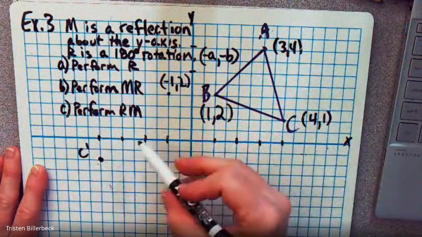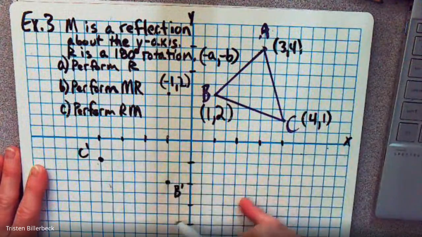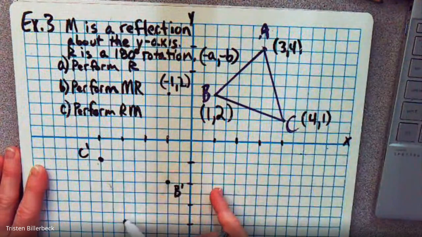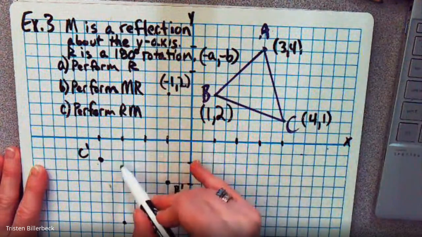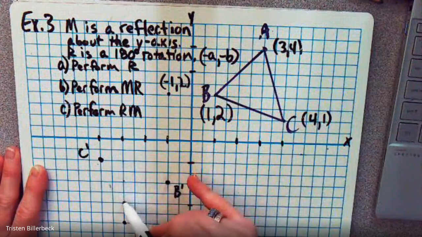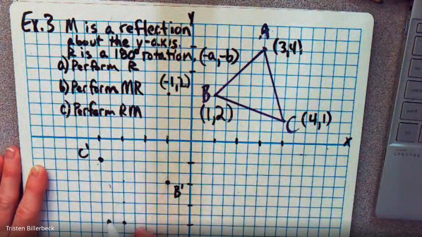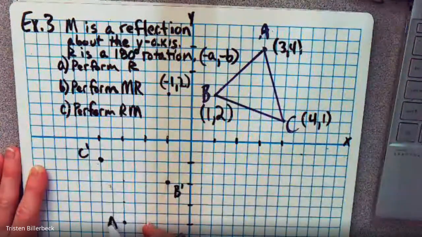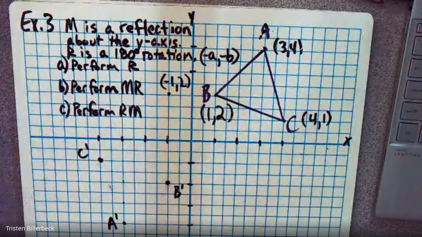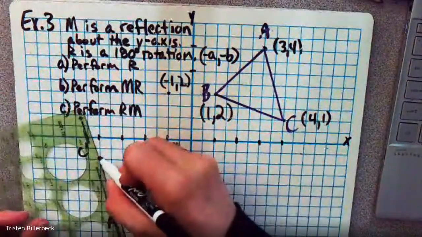So I need one more here. 1, 2, 3, 4, and 1, 2, 3. So that's going to be A prime. Okay, so then I can connect that up together.